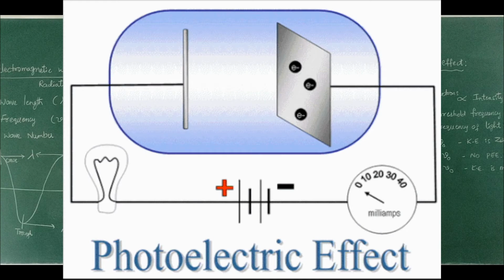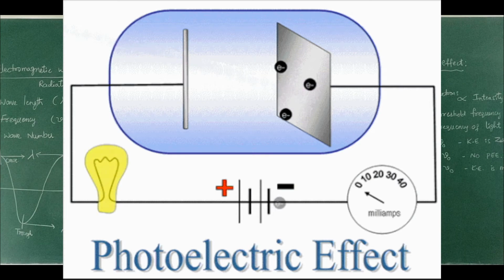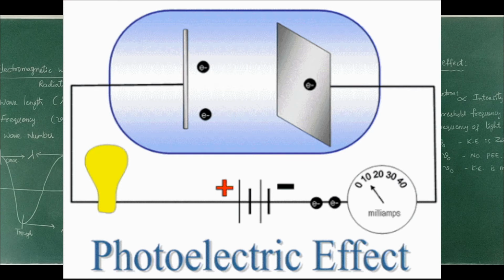When a beam of light is passed onto that metal plate, the electrons are ejected from the thin metal plate and move toward the absorber, so there is a movement of electrons from the metal plate to the absorber. This movement of electrons produces electricity, which is shown by an ammeter.